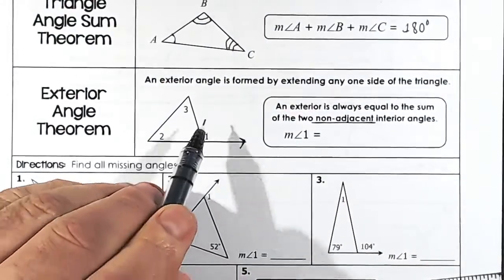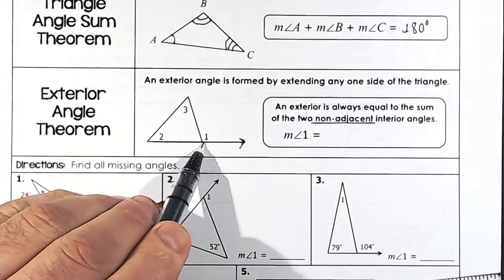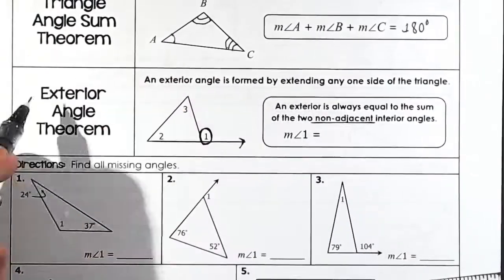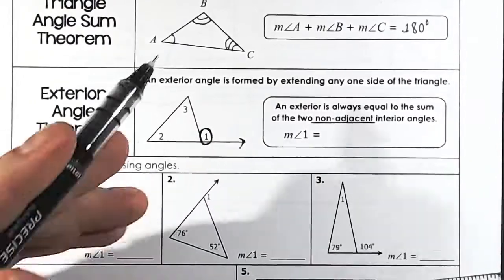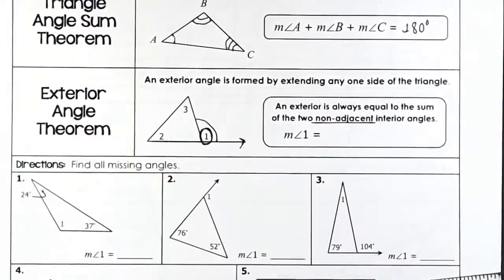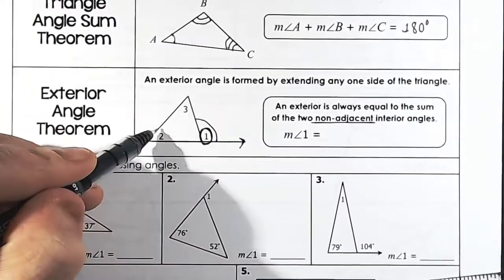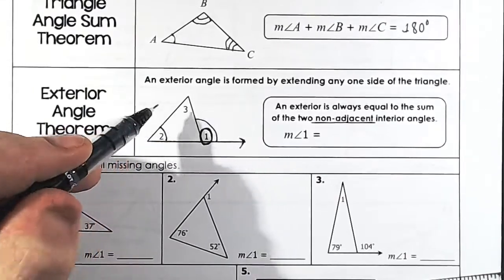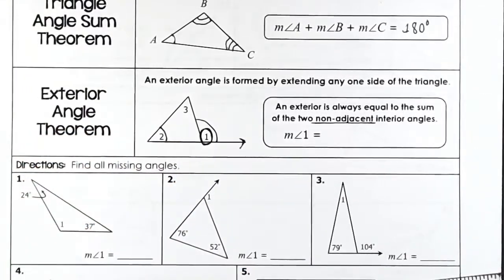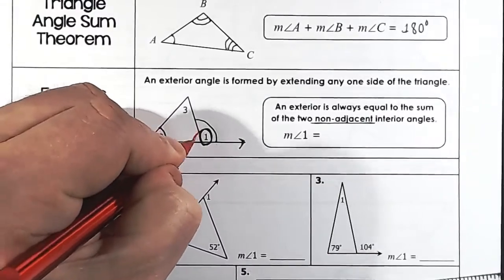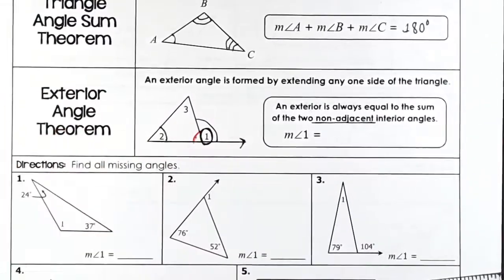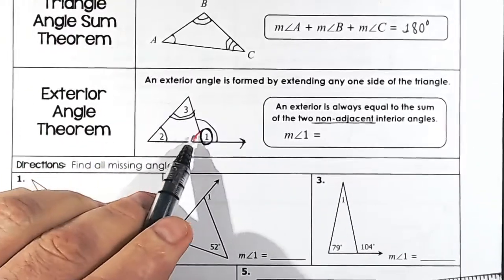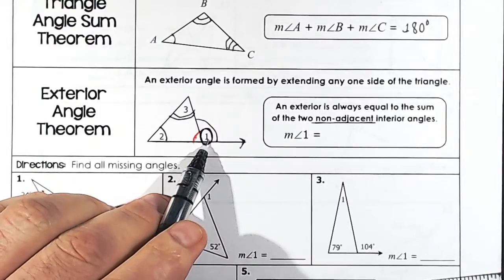What it means is, you look at this exterior angle right here, the one they've called 1. The Exterior Angle Theorem says that this angle measurement is equal to the sum of these two angles that are non-adjacent. This angle right here that they didn't number is the adjacent angle. These over here, angles 2 and 3, are non-adjacent because they're not close to the one labeled 1.